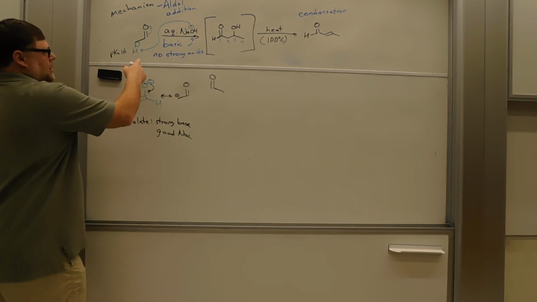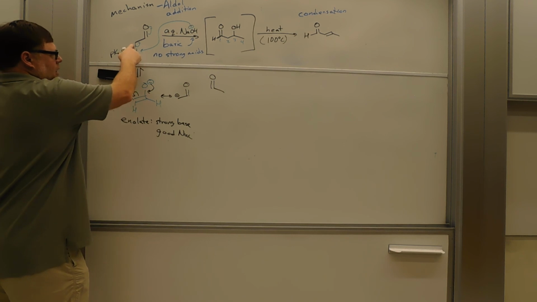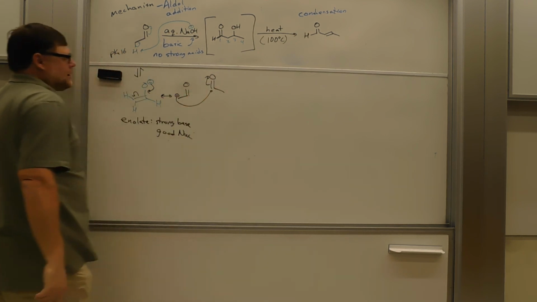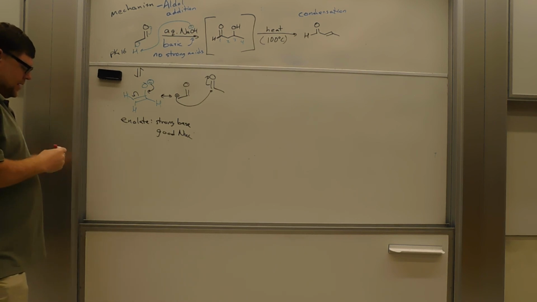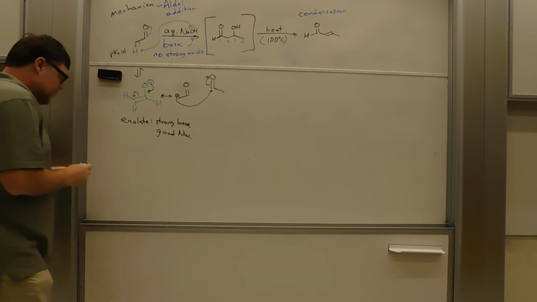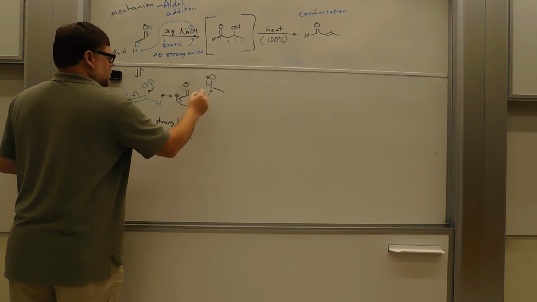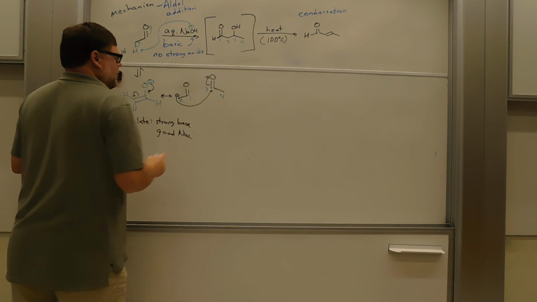We need to make a bond between an alpha carbon and a carbonyl. So this negative charge just straight up attacks the carbonyl. So let's number these according to the system I did up above. So the aldehyde is 1, 2, 3, 4.